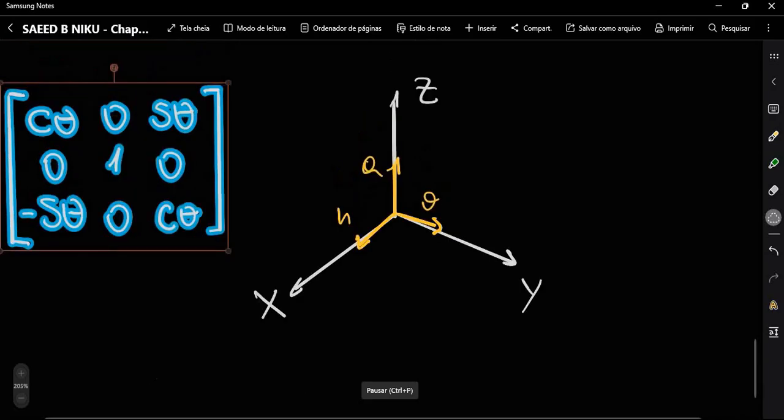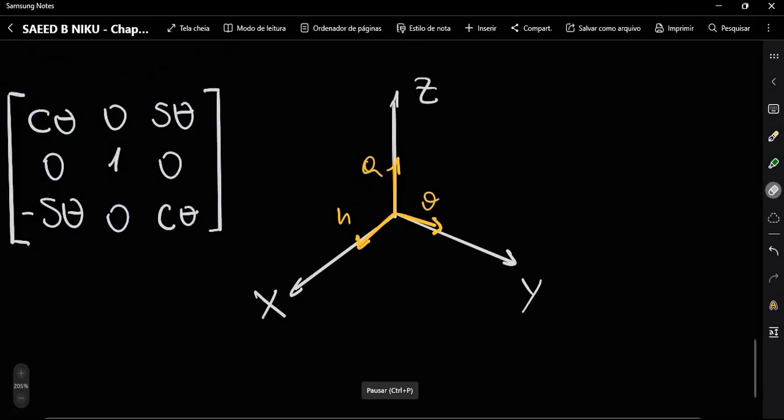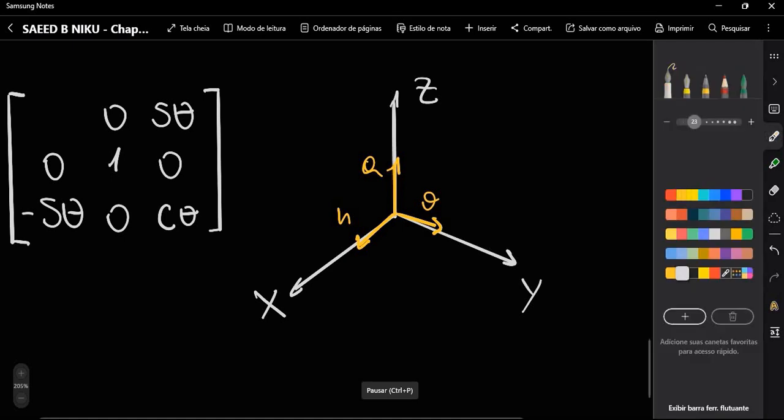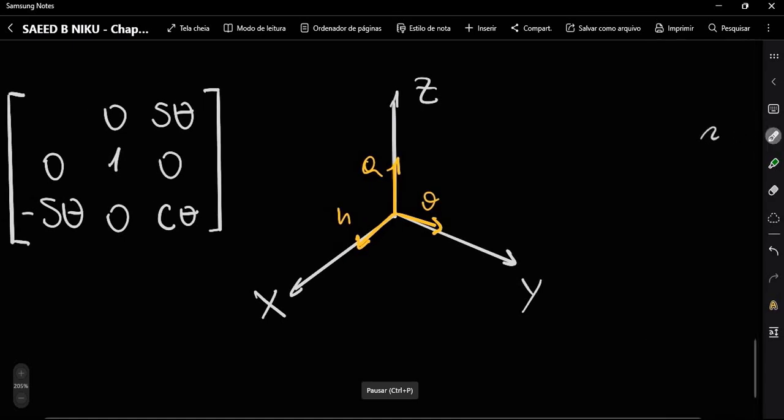But now it is the cosine of 30 degrees, which is equal to 0.866, and the sine of 30 degrees, which is 0.5.